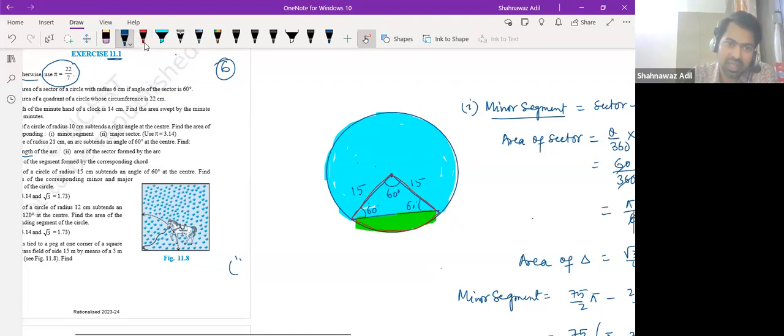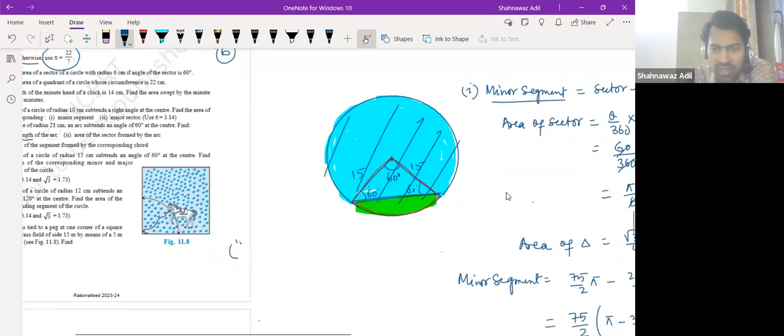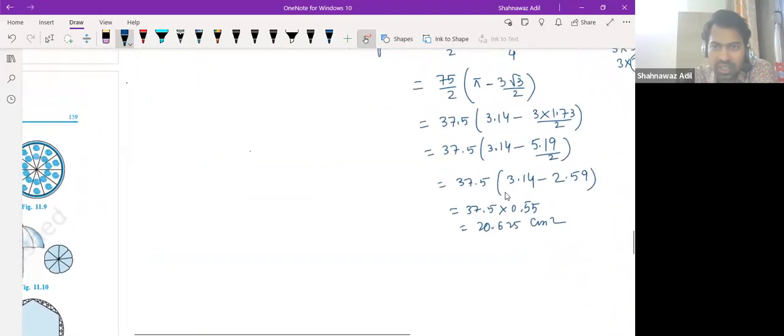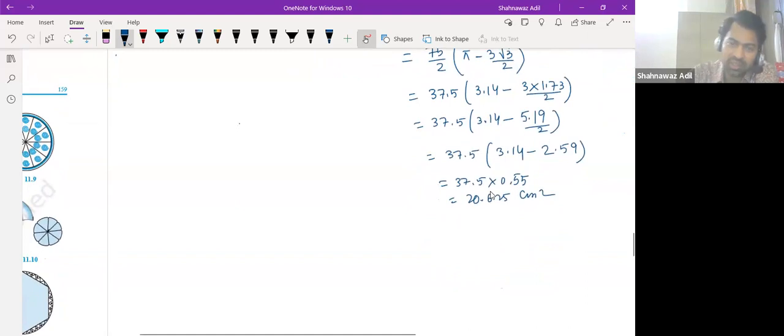So we have this total circle, right? And from this total circle, if we remove this green part, then we'll have this blue picture, right? So circle minus minor segment. Always look in the diagram, right? So then you get the answer.